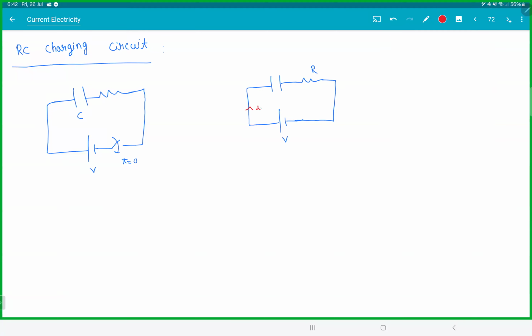Let the current be I and let the charge be Q. We know here I is equal to dq by dt. And apply Kirchhoff's loop law. V minus Q by C minus IR equal to 0. So this guy would be CV minus Q by RC is equal to I, but I know I is dq by dt.